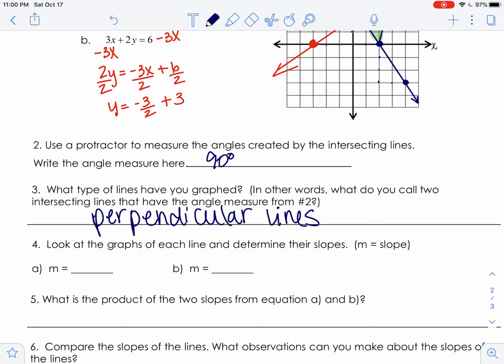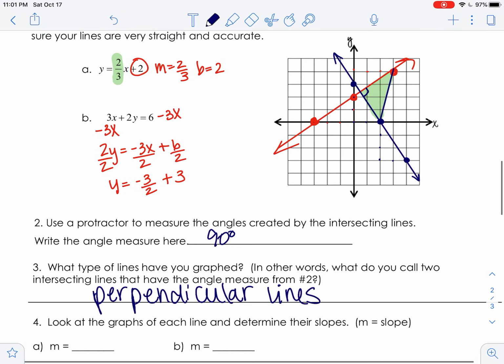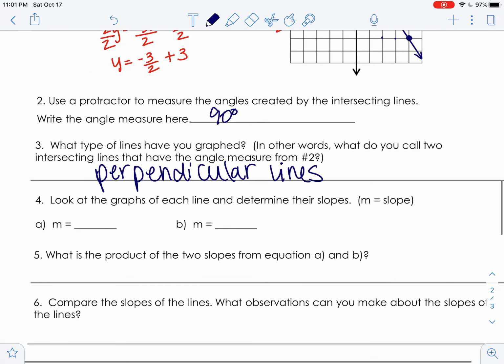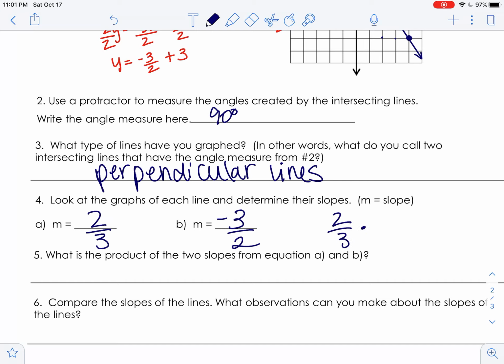So it says look at the graphs of each and determine their slopes. Well, the slope of my first one was 2/3. The slope of my second one was -3/2. So it says, what is the product of the two slopes? So if I were to come over here and take 2/3 and multiply it by -3/2, that means we would multiply the top two.